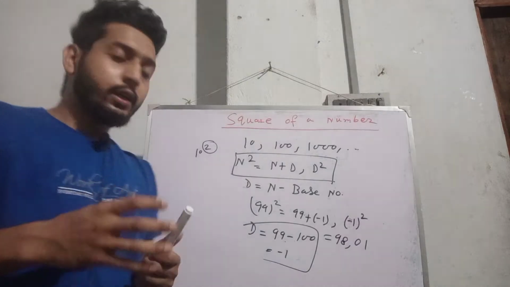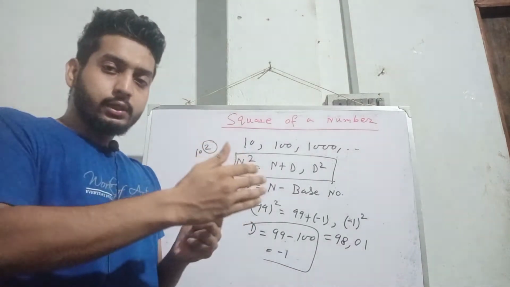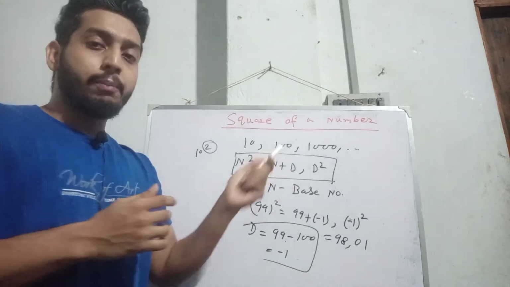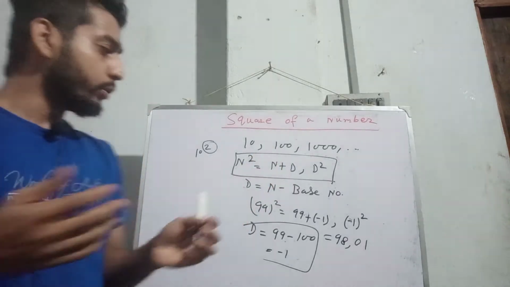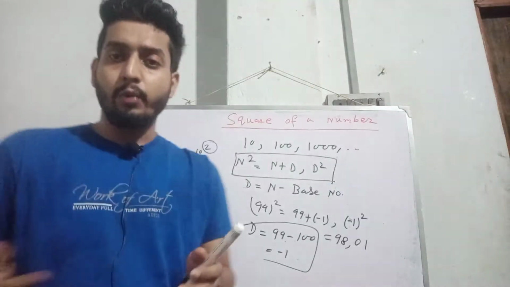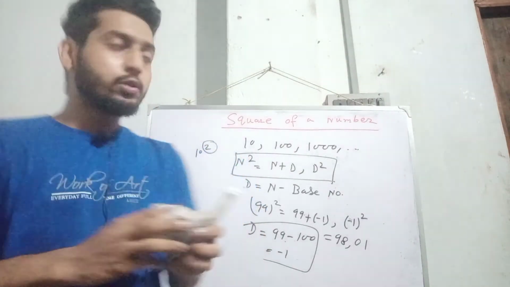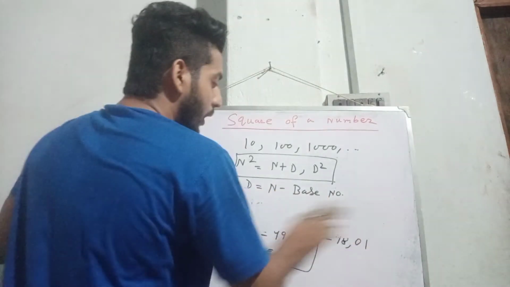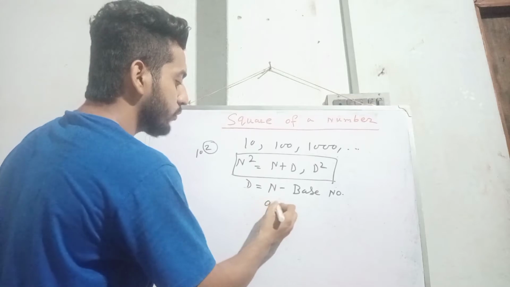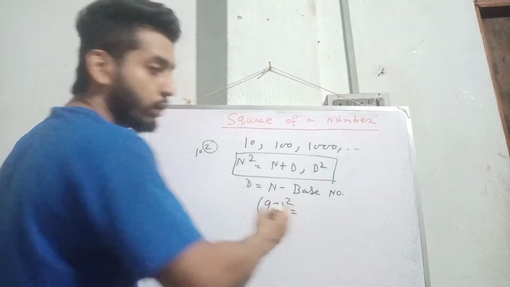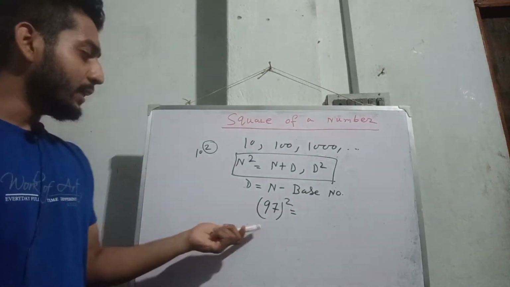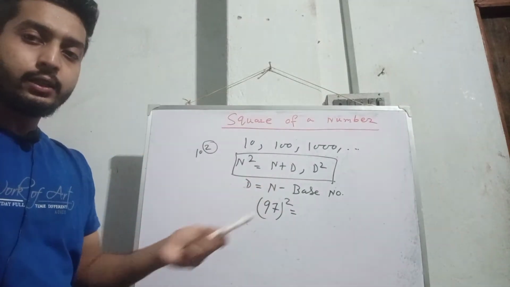So this is the way we can also find the squares of numbers which are below the base number 100. Now again we can also find 97 square, 96 square, 94 square, any number which is nearest to 100. So how to find 97 square? Again apply the formula. So we need to find D here.